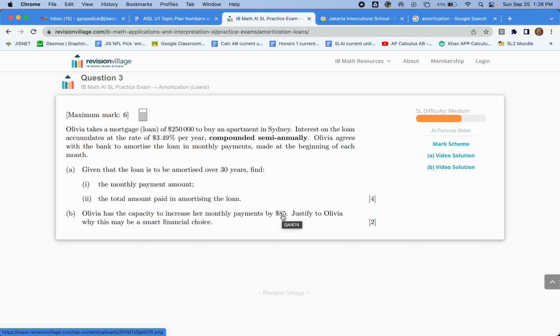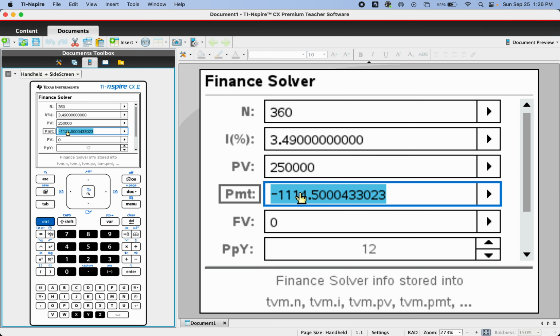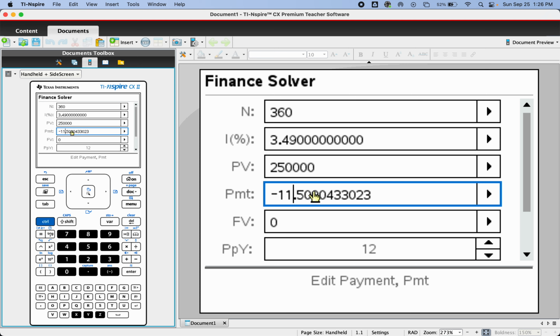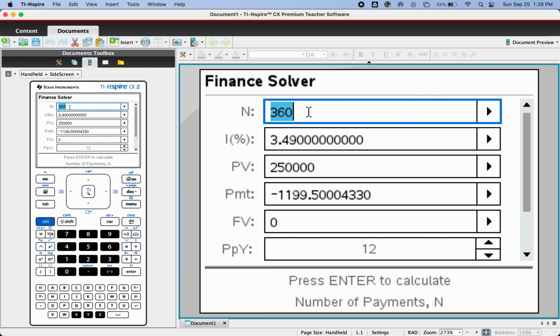We adjust this and add 85 to it, which makes this amount 1199.5. We still want it to zero out, and everything else is still the same.